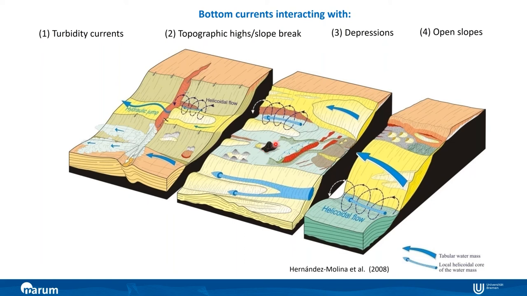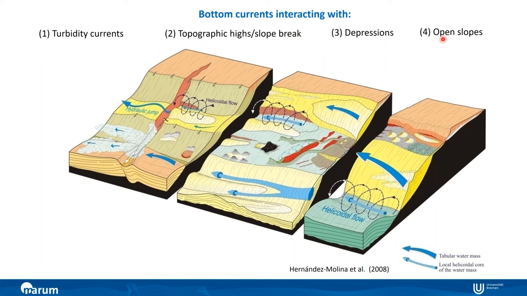So I will show you 4 different groups of channels. First, we can have the interaction with turbidity currents, then we can have the interaction with topographic heights and slope breaks, but at the same time, bottom currents can also interact with depressions and form particular structures, and sometimes we find just in open slopes, for some reasons that we will discuss later, channels.